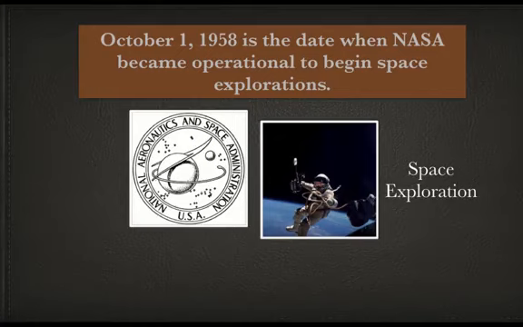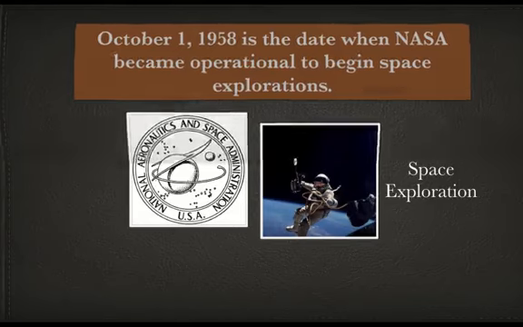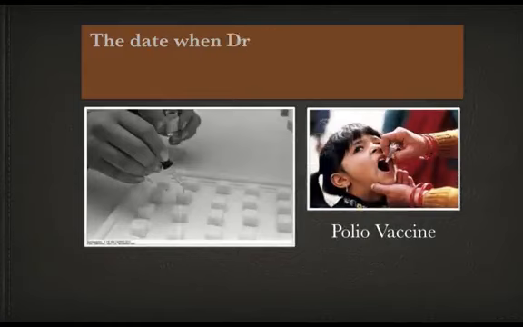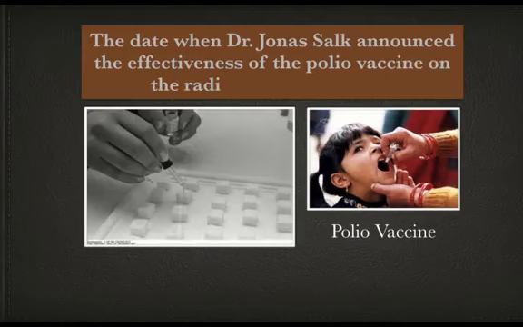Since then, our understanding of our place in the universe has never been the same. The date when Dr. Jonas Salk announced the effectiveness of the polio vaccine on the radio is March 26, 1953. Thanks to Dr. Salk, there are almost no known cases of polio now in the U.S.